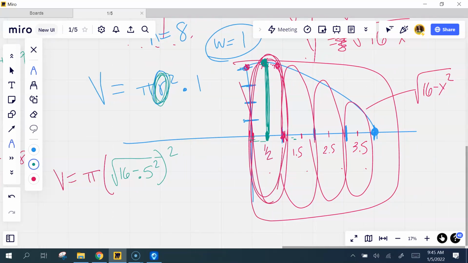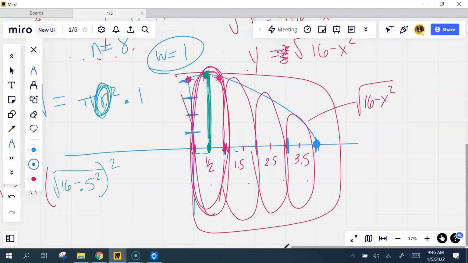So if you came over here and you said, okay, well here y equals the square root of 16 minus 0.5 squared, which is 16 minus a quarter, which is 15 3/4, 15.75, so square root of it, but you're squaring here.